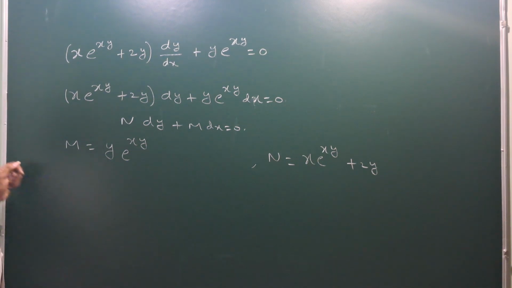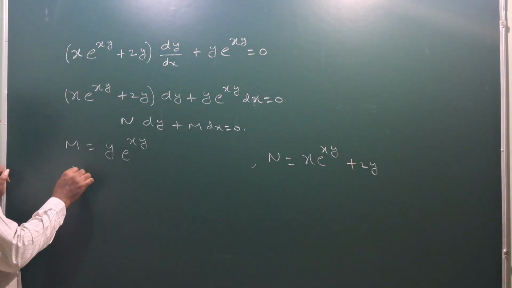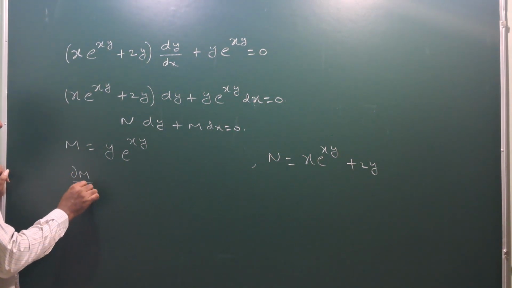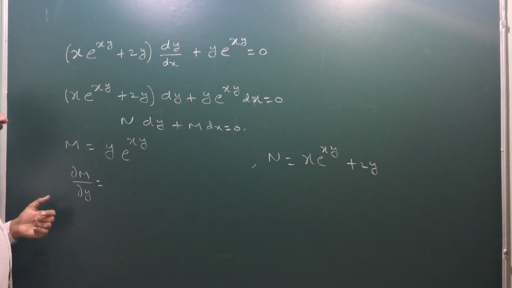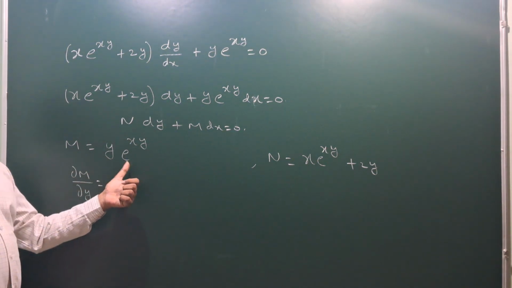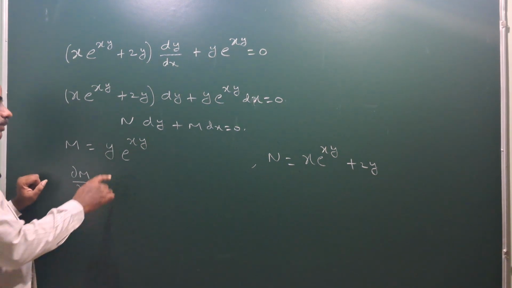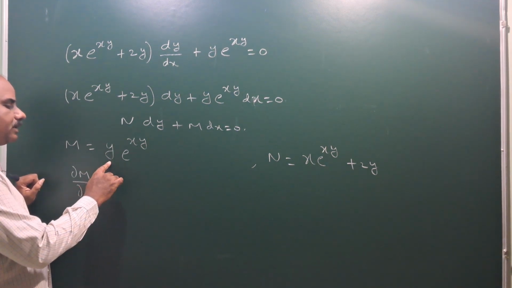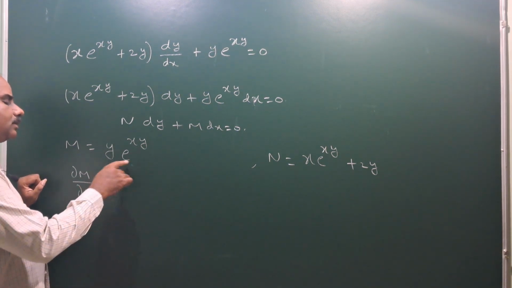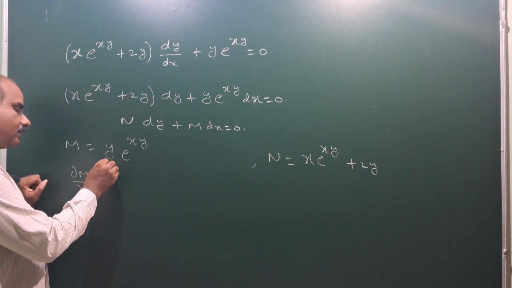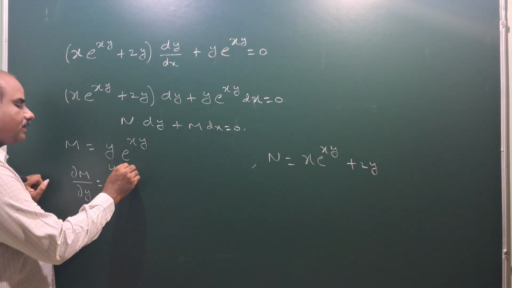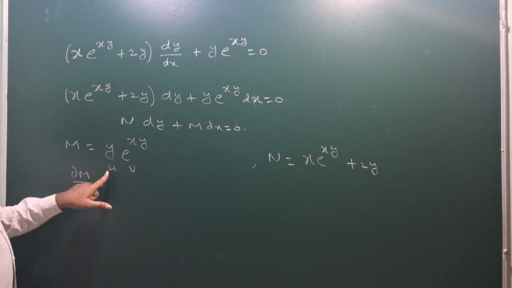For that we have to find the value of ∂M/∂y. So ∂M/∂y means we have to differentiate this function with respect to y partially. Here two terms are multiplied, y and e^(xy). We assume the first one as u and the second one as v, so we apply the uv rule.